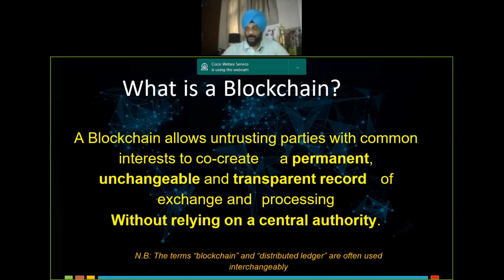So these are points I already brought in: a permanent record, transparent, exchange of data, no central body between them, and they don't rely on anyone. The term used interchangeably is blockchain or distributed ledger.